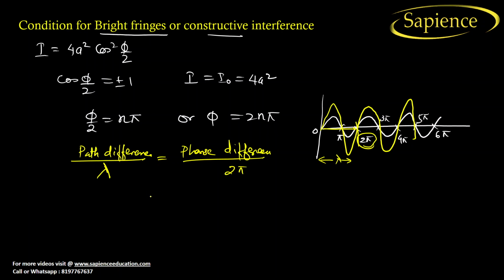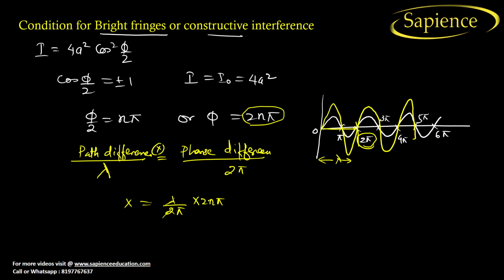So from here, path difference can also be written as x. So x can be written as lambda by 2 pi into phase difference, and for this we have phase difference equal to 2n pi.